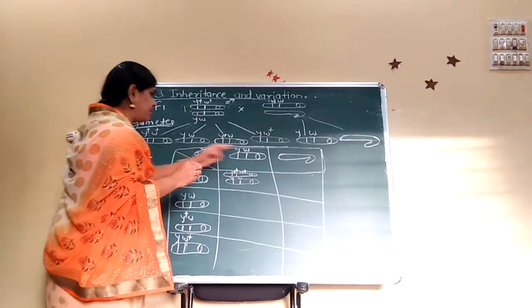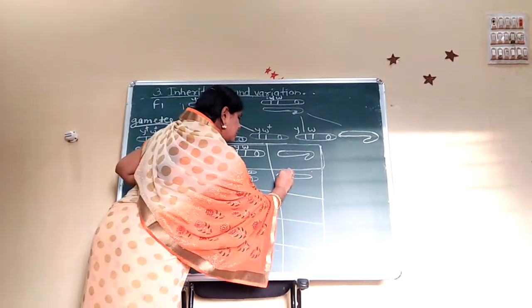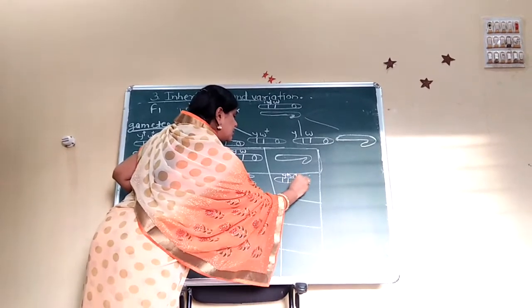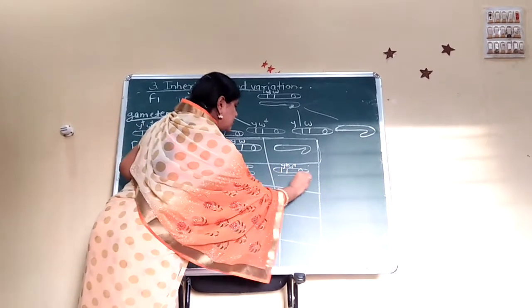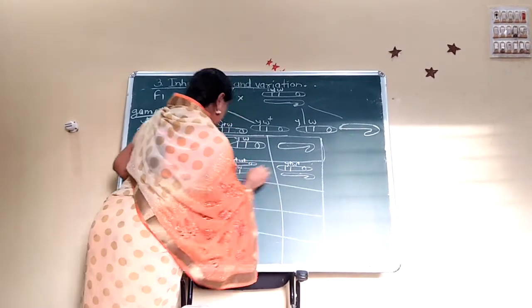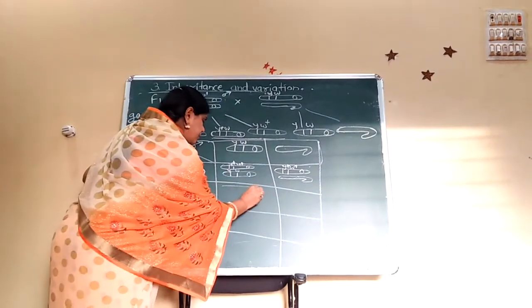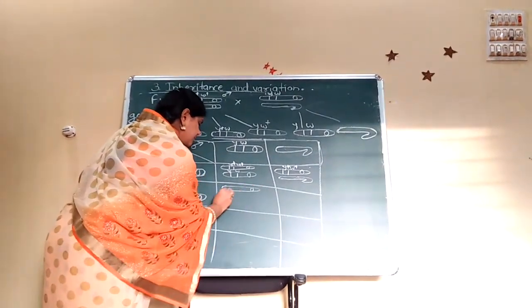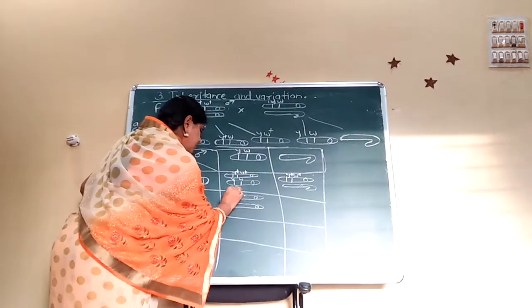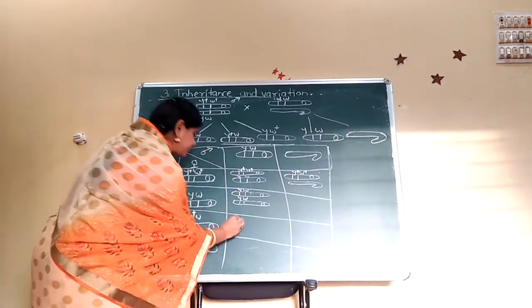Then when this gamete fused with this, that is Y plus W plus, then this gamete fused with this, that is YW.